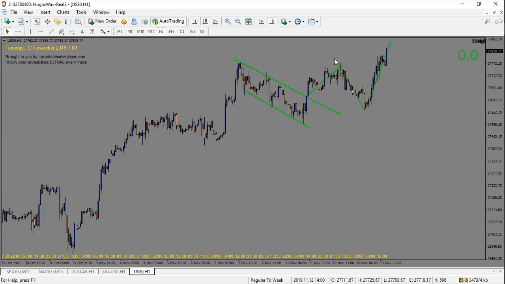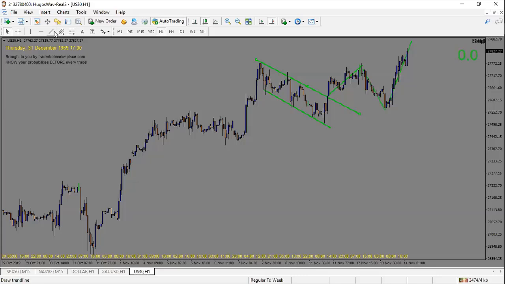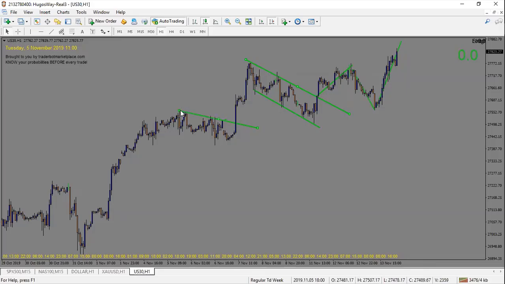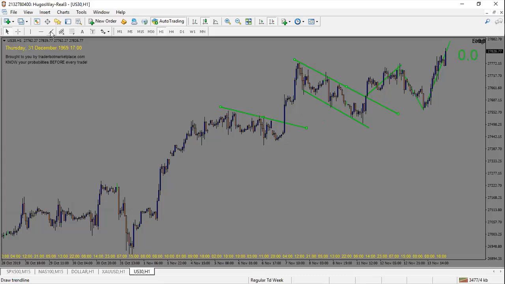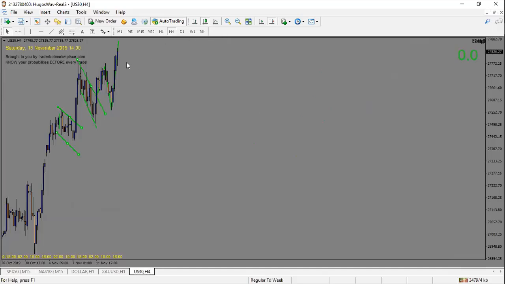Breakout, retest, continuation. It's no different. Once we get into fundamentals and I start showing you that stuff, you get a much deeper understanding, and you'll know what to expect a lot more when it comes to these things. But I'm going to leave you with this.